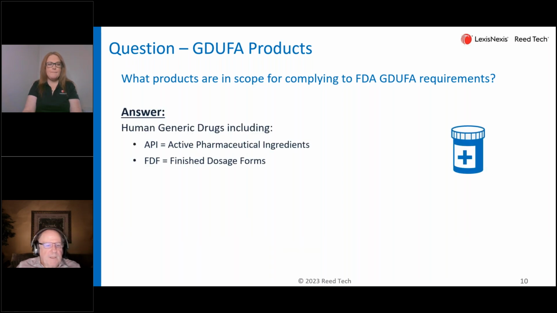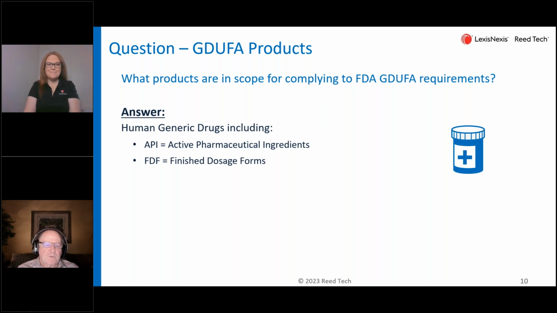So it's pretty straightforward. It does only apply to those human generic drugs, and we'll get a little bit more detail later on, but those generic drugs ranging from the active pharmaceutical ingredients, the APIs, all the way up to the finished dosage forms. So, pretty straightforward answer there.